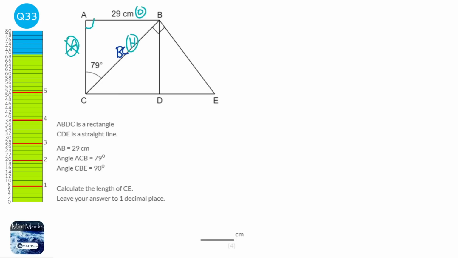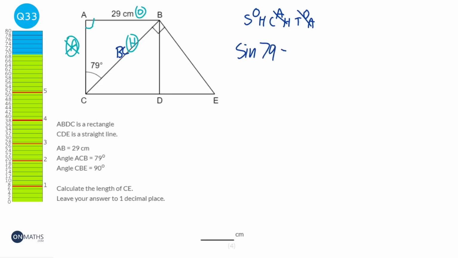We're not using the adjacent. So we're going to just do our SOHCAHTOA, and we've crossed out the A, so we cross out these two. So it's going to be sine. So we know that sine 79 equals the opposite, which is 29, over the BC.